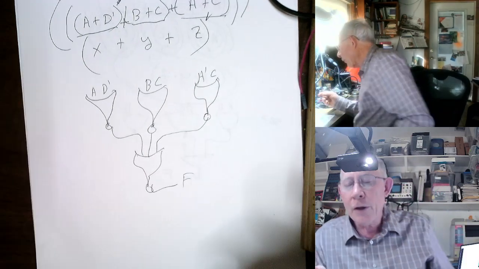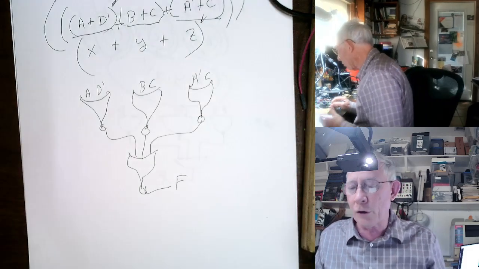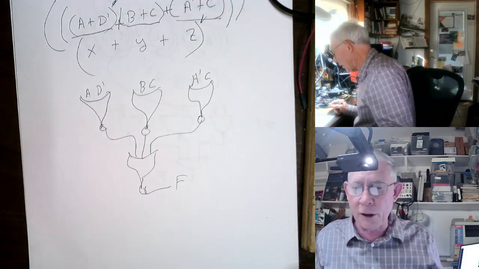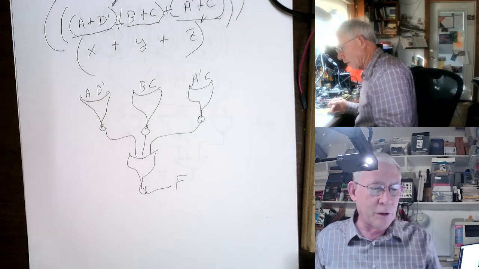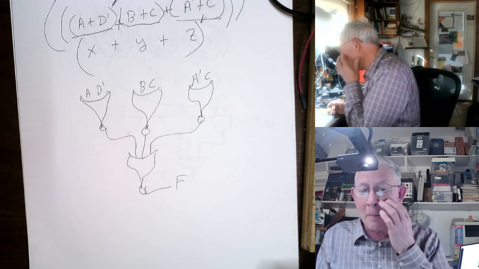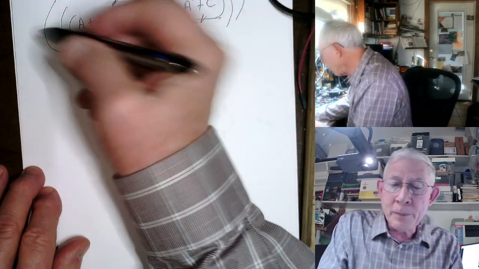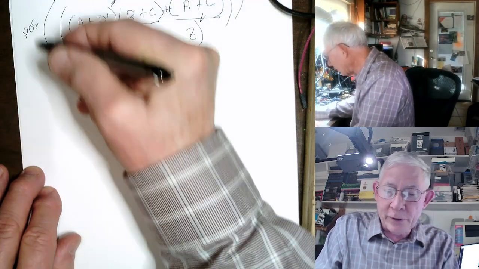Now notice this implementation is totally different than the one we just looked at. They wouldn't necessarily be equal because they're totally different. But if you start in POS form, then you get to NOR.